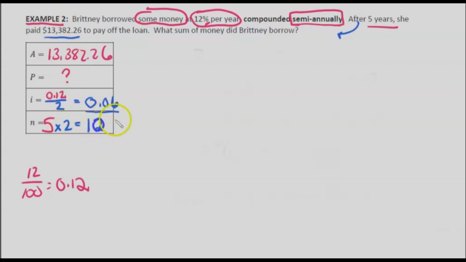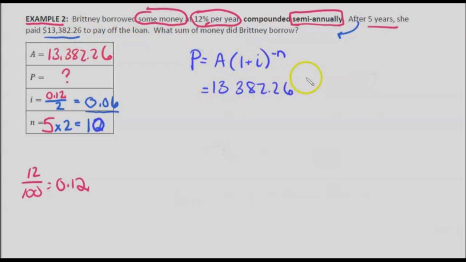Okay, sorry, this is 10. 5 times 2 is 10. So the equation that we have is P equals A, 1 plus I to the negative n. So let's go ahead and sub A in. It's 13,382.26. Now, the 1 plus I, I'm going to skip a step. I'm going to do 1.06. Okay, so I'm just going to directly add it. Okay, and then to the negative 10.